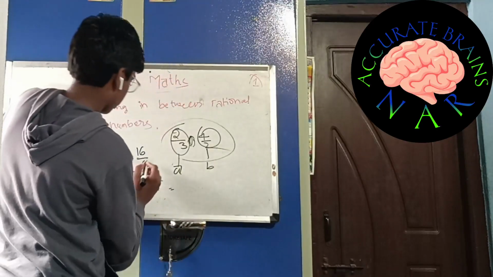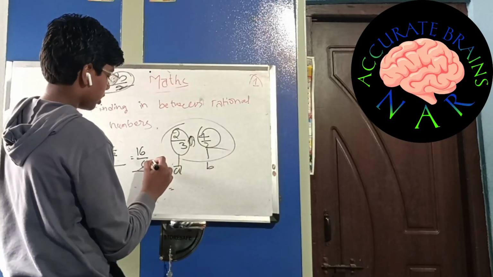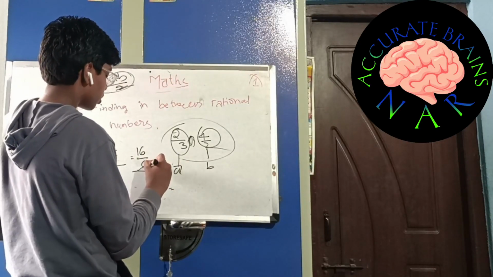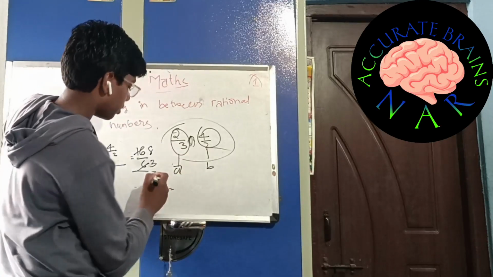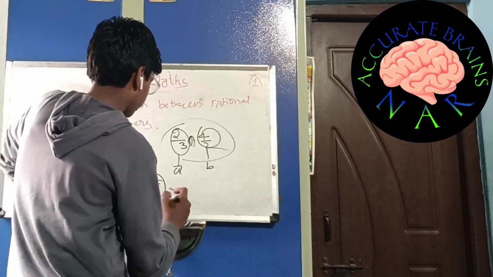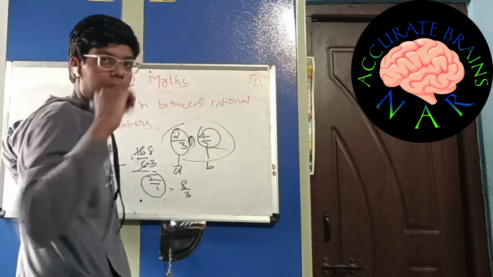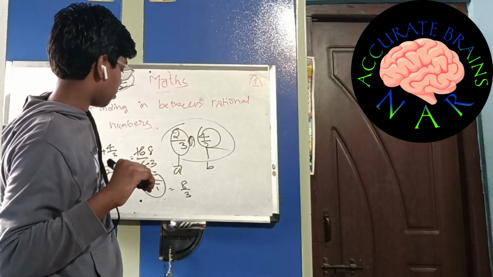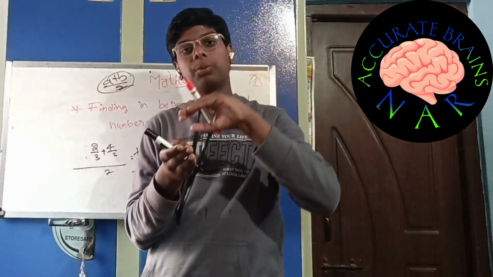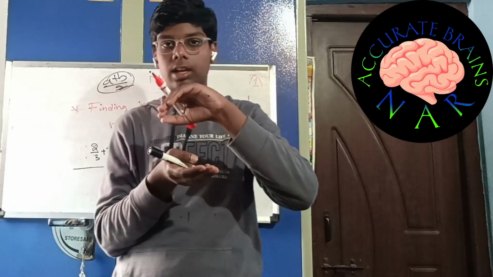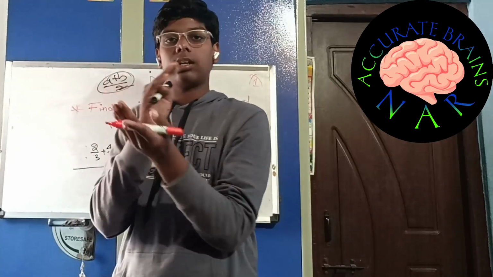Here they are multiples of 2, right? 2 3s are 6 and 2 8s are 16. So we have to take the reciprocal of this rational number 2 by 1, which gives 8 by 3. As I discussed in the division of rational numbers, if we have two rational numbers, we can reciprocal the denominator, flip it, put it on the side of the rational number, and just multiply.